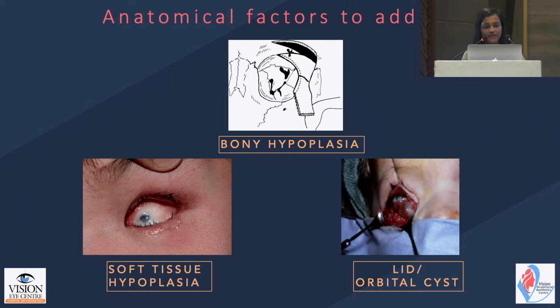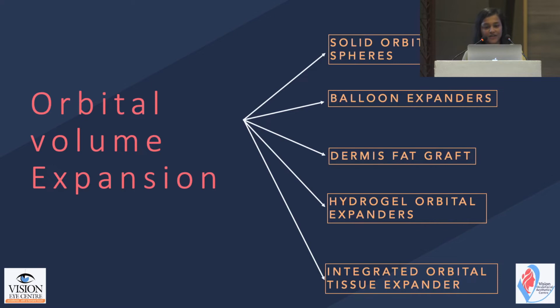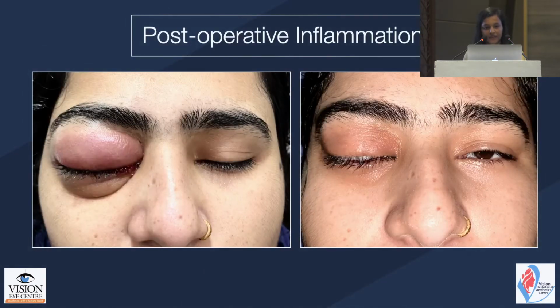The factors which are assessed are not only the bony hypoplasia, but also the soft tissue hypoplasia, as well as the lid and orbital cysts which can form. Expansion is done with respect to the orbital volume with spheres, expanders, grafts, etc.